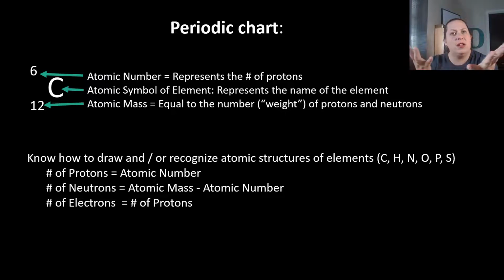But wait a minute, I didn't tell you how to find electrons yet. Guys, when we're looking at atoms, atoms are neutral in their charge. So if my atomic number is 6, and I have 6 positives, how many negatives do I have to have for it to equal 0? I have 6 positives. This means I need 6 negatives.